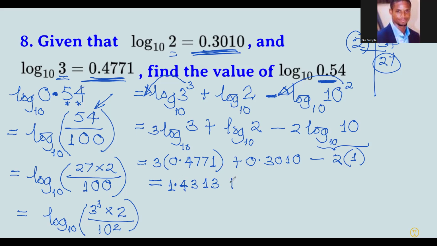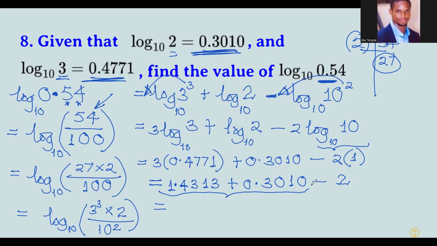And now we can, of course, add 0.3010. Now minus 2 times 1, that's 2. Once again, let us add these values with the decimal and let the 2 stand by.